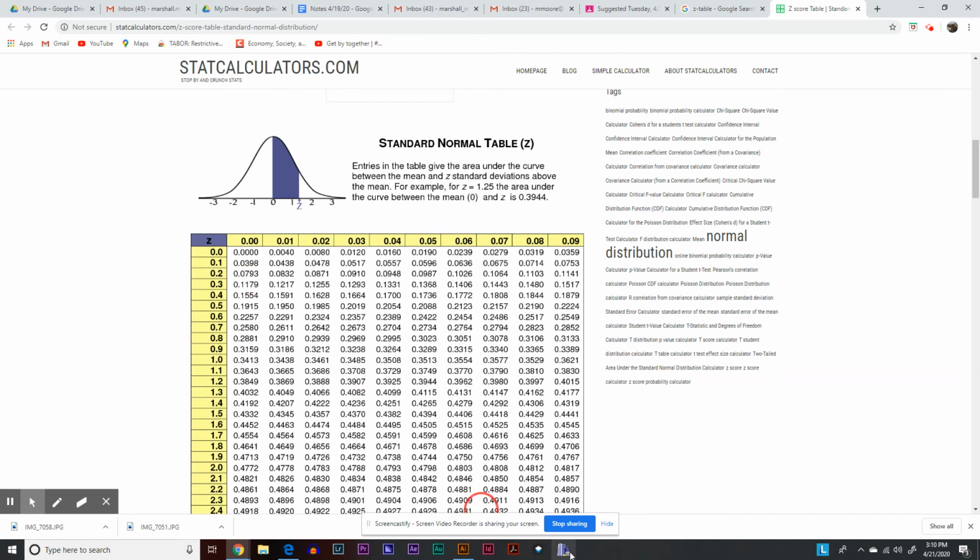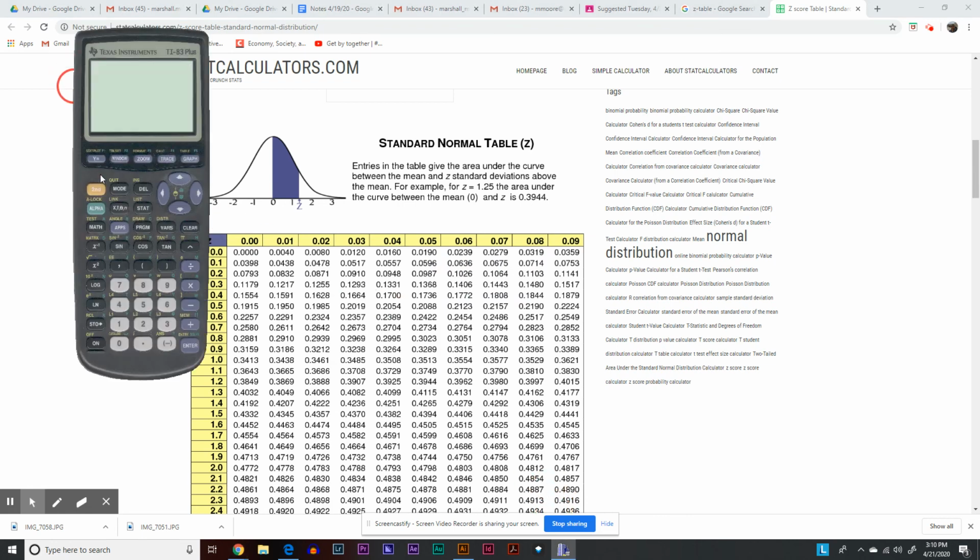One last thing I will say is it is possible to take a normal old TI and graph this. I'm not going to show completely how to do that right now, because I don't feel like entering the whole formula.